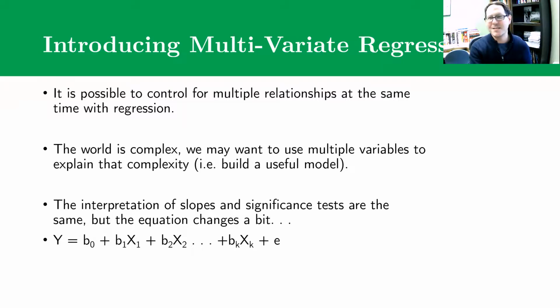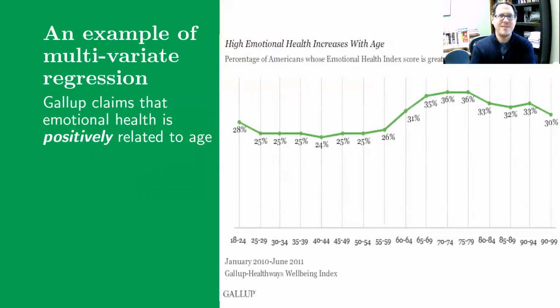Okay, so what does this look like in practice? I think I've got an example that helps folks wrap their head around it a little better. This is a graph that I saw, put out by Gallup a number of years ago, and they were claiming in this article that emotional health is related to age, where as Americans get older, their emotional health goes up.